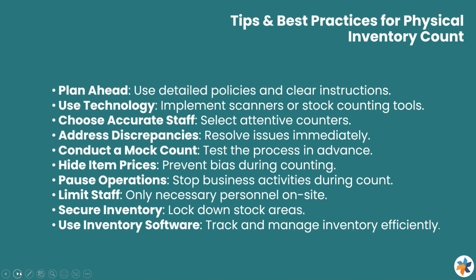Choose the accurate staff. You'll have an option in Sage where you can have multiple people, and you can assign different staff to count different items. Having multiple people do a physical count makes sure that the information is accurate. You can have one person count and then another person come up behind, so that you have a double count and it's accurate.